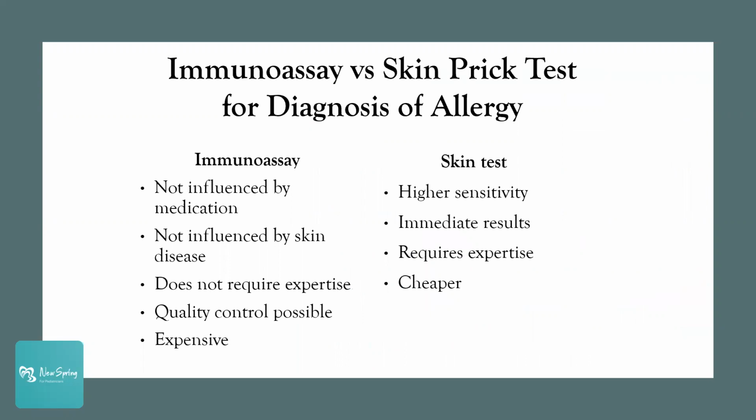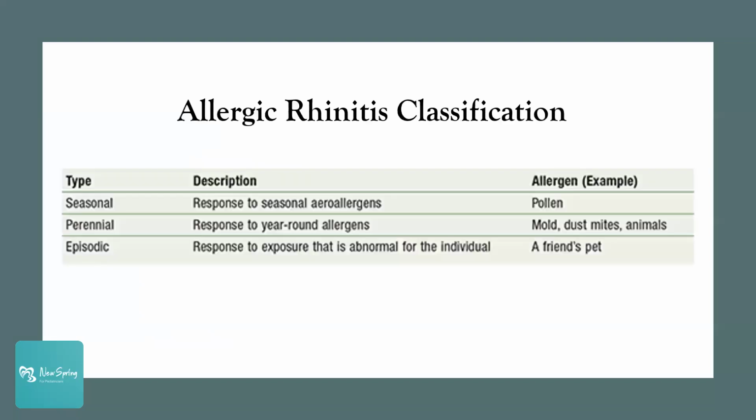So skin prick tests are cheaper, have a higher sensitivity. They give immediate results, as we mentioned, less than 30 minutes, and require expertise to perform this test, especially in children. So if we're going to talk about allergic rhinitis classification, we have two types of classification.